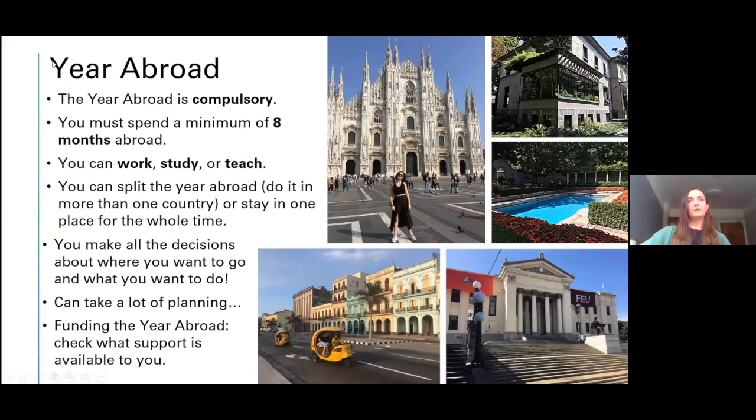So I'm now going to talk a little bit about the year abroad. This is a really exciting part of the MML degree because it's an opportunity for you to put your languages into practice and get experience living abroad, maybe even working abroad. So on my year abroad, I went to Milan for 4 months and I worked for the Italian National Trust.